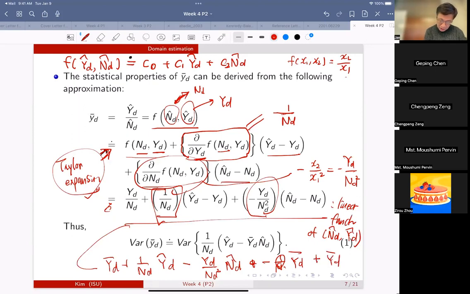So this guy and this guy cancel each other, since Y_d divided by N_d squared times N_d is the same. At the end of the day, we get a nice cancellation, and we only have to worry about this part.